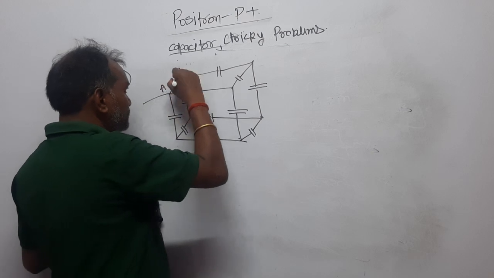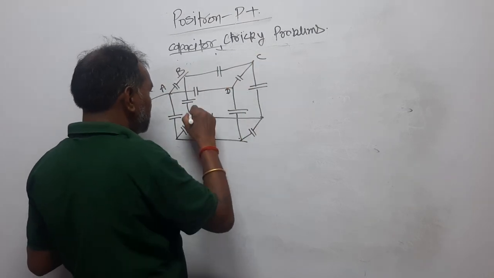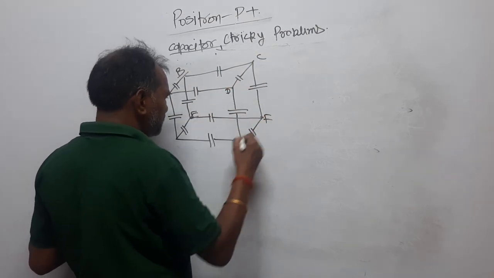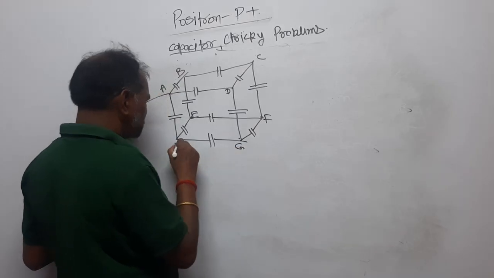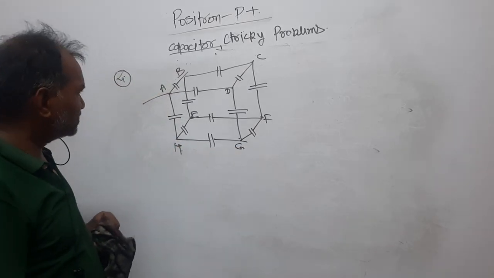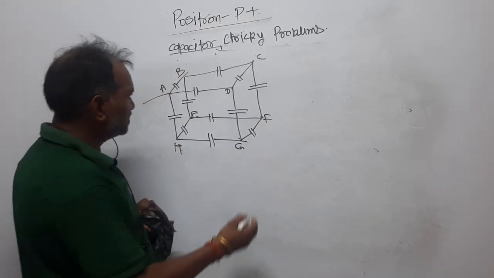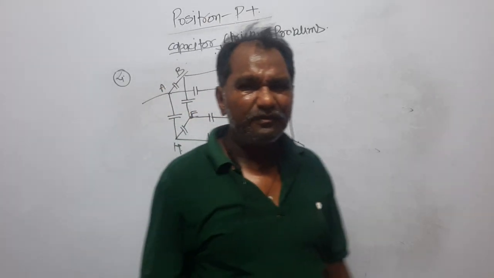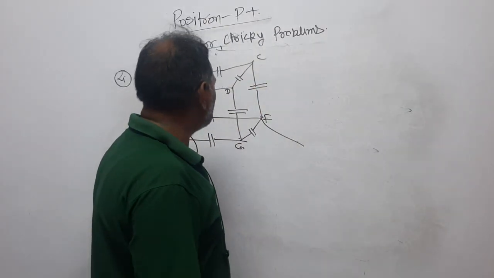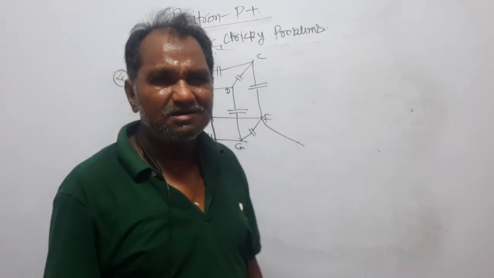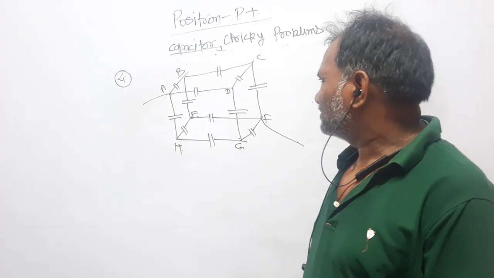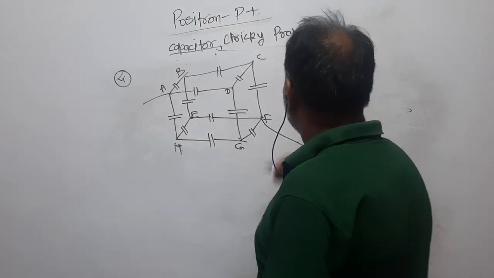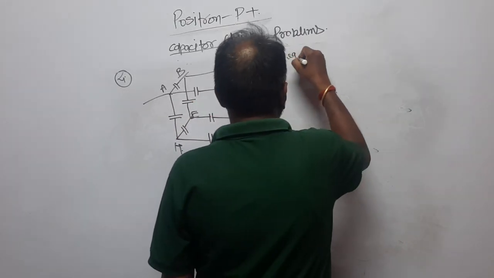Let it be A, B, C, D, and E, F, G, H. Dear student, we have to find, with a capacitor across each edge of the cube, see, there are 12 capacitors, the equivalent capacitance.